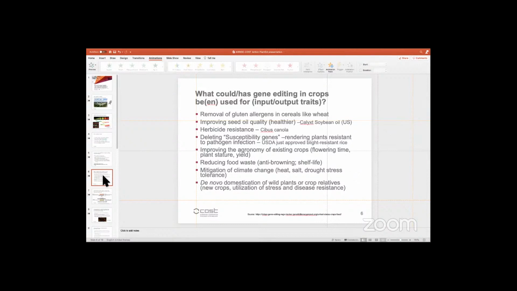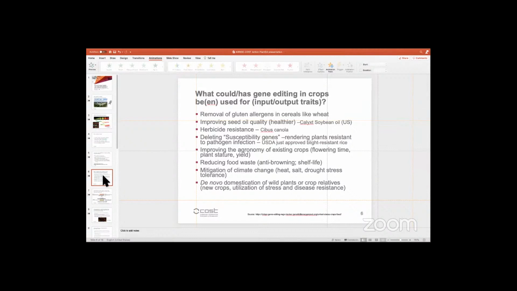And Calyxt soybean oil is commercialized right now in the US. Then there is, not the best example, I think, but there is herbicide resistance, and Cibus, the company in the US, has produced an herbicide-resistant canola and is commercializing it right now.